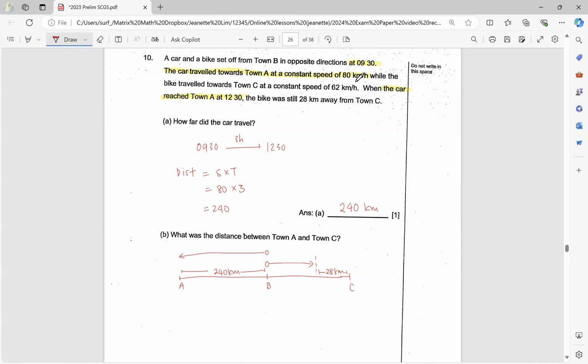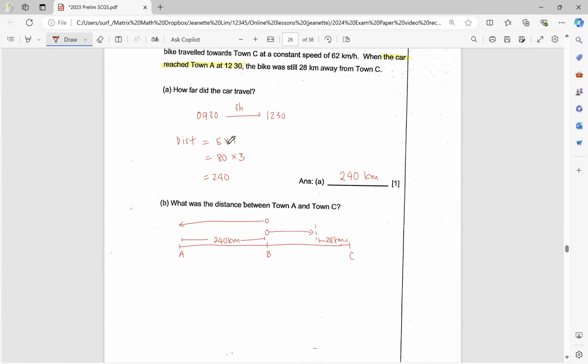The bike traveled at 62 km per hour. So we take the speed times the time. Time taken is also 3 hours, which we found earlier from 9:30 to 12:30. So the distance by the bike will be 3 times 62, so 186 km.